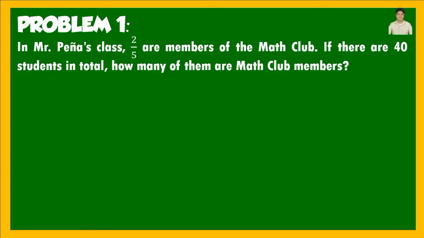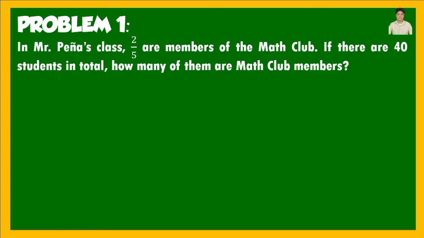Since we have discussed how to multiply fractions using the cancellation method, let us now proceed to problem solving. So for the first problem, in Mr. Peña's class, 2/5 are members of the math club. If there are 40 students in total, how many of them are math club members?